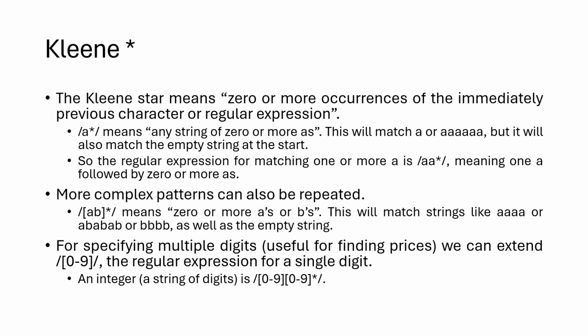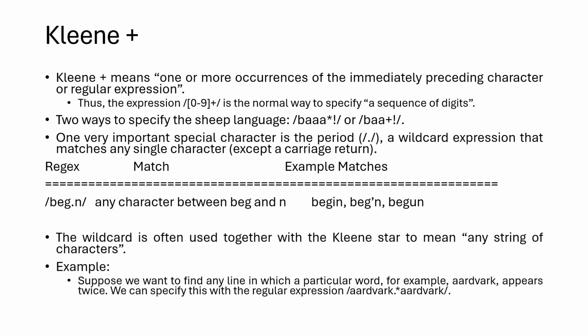If you want to specify multiple digits, we can also extend this, 0 to 9, specified in the square bracket. So the regular expression for a single digit will be like this, and for multiple digits we'll use 0 to 9, the whole star.